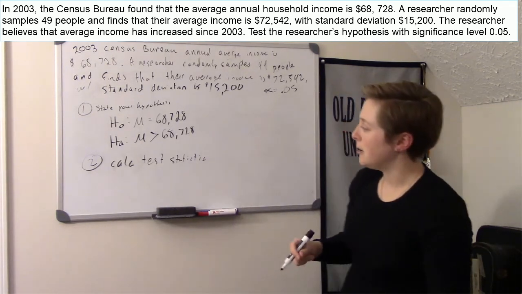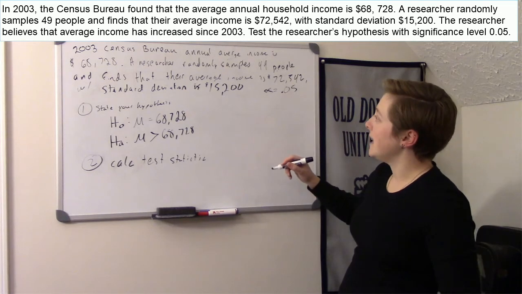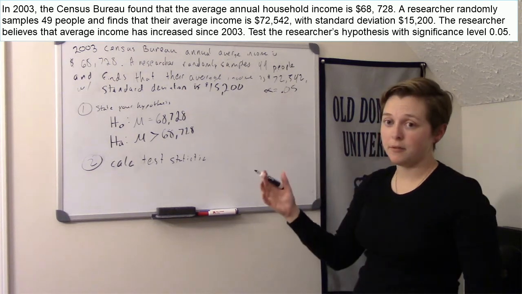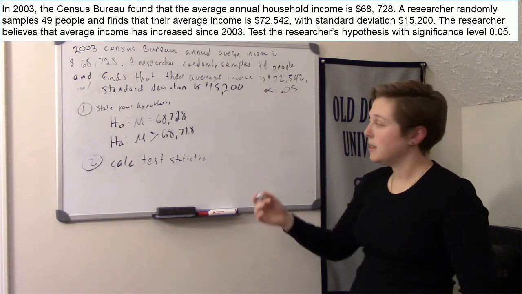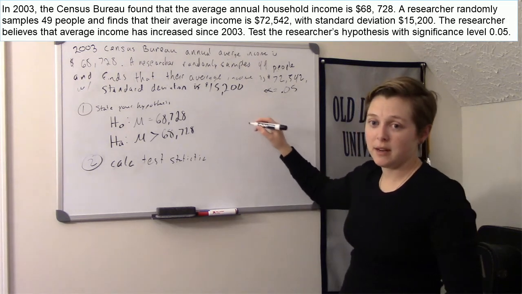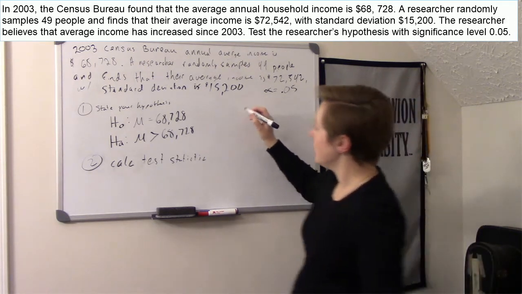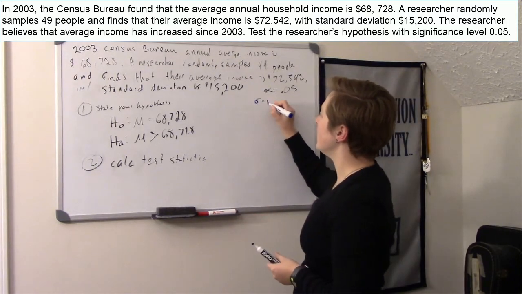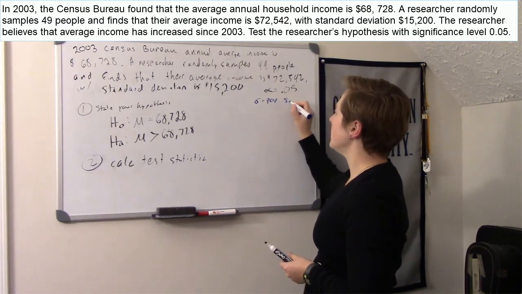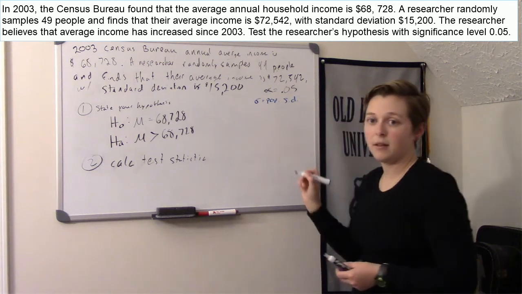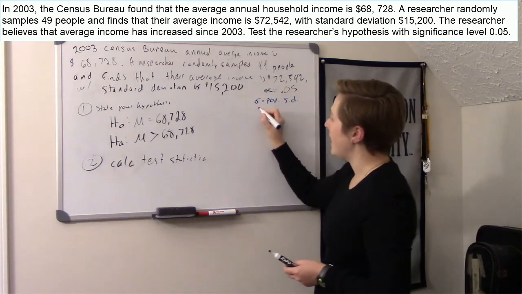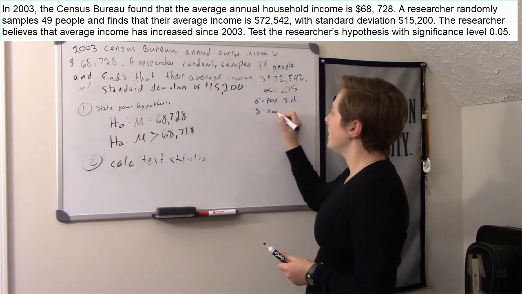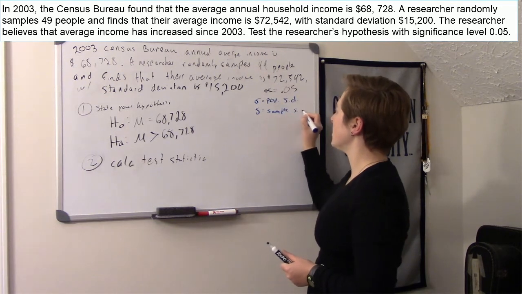Now in this case, sigma. Remember, what is sigma? Sigma is the population standard deviation. So sigma is the population standard deviation, we learned that a long time ago. And s is the sample standard deviation.